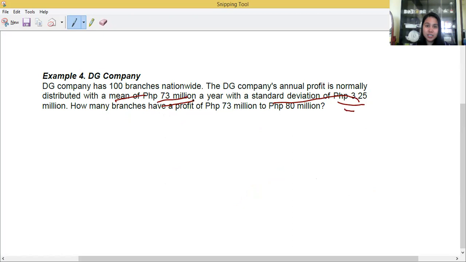How many branches have a profit of 73 million to 80 million? Now we are asking how many branches. So what do we do first? We first solve for the z-score for 73 million and the z-score for 80 million.